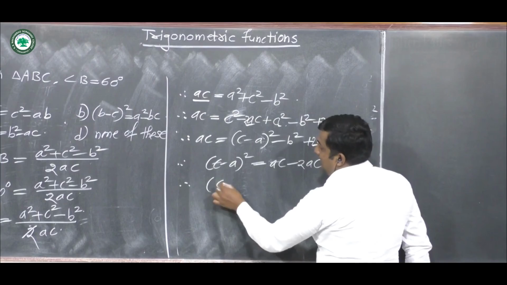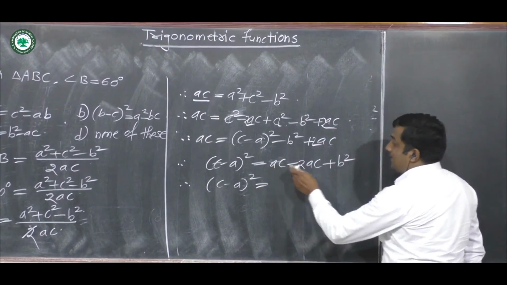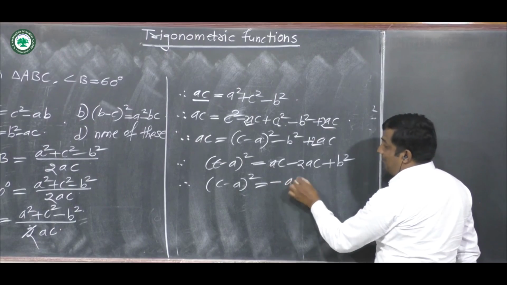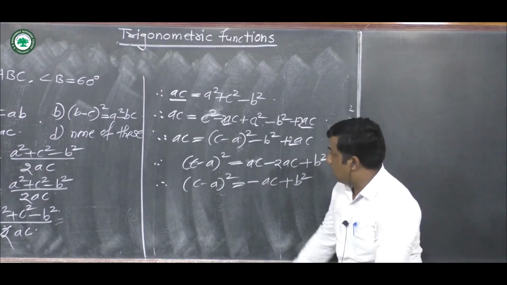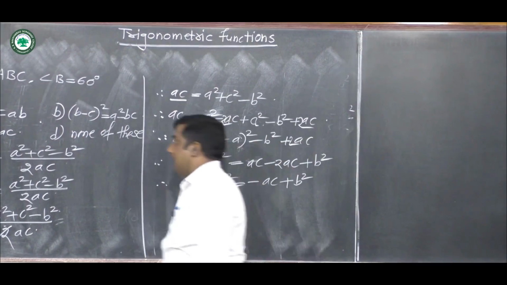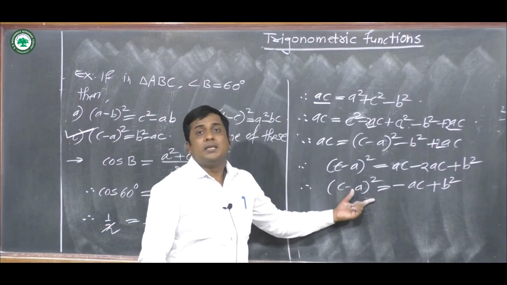Then we get (c minus a) square equals, we know ac minus twice ac is minus ac, plus b square. So our correct option is C.